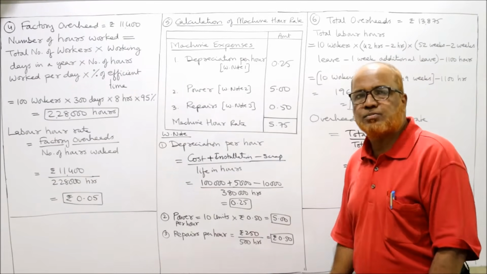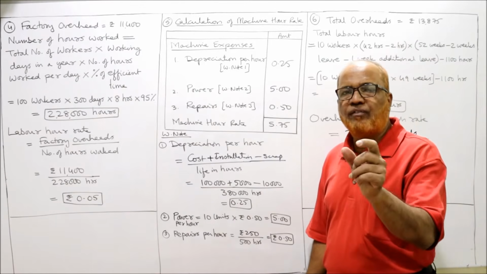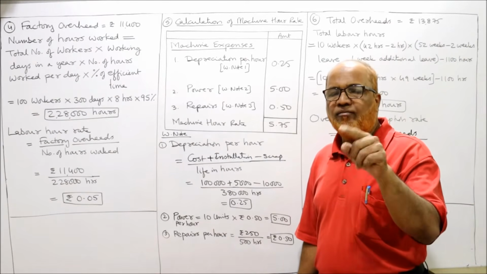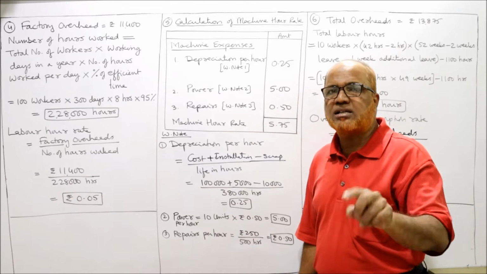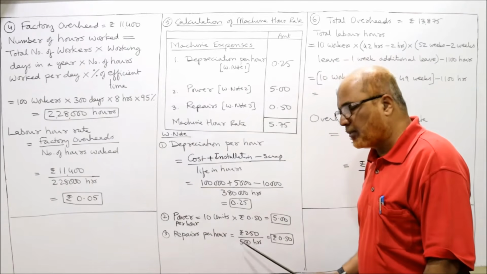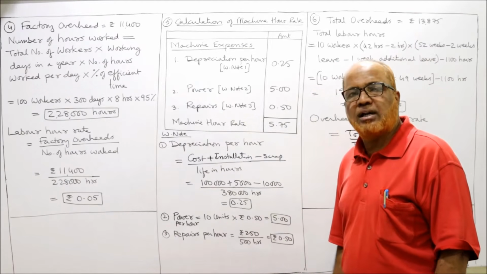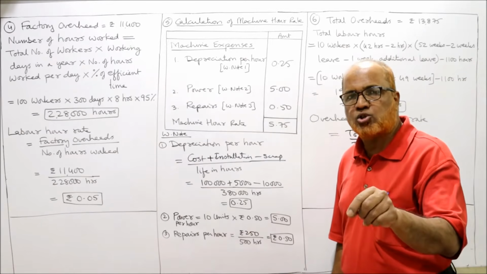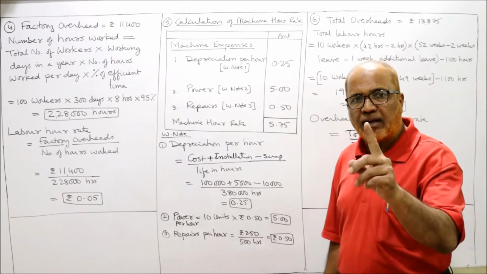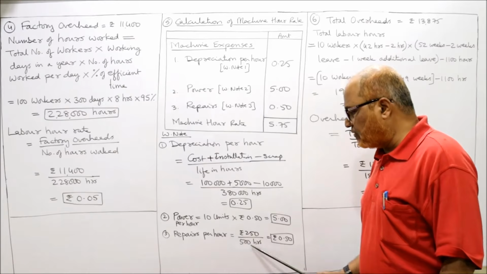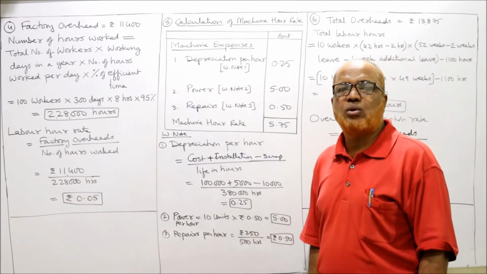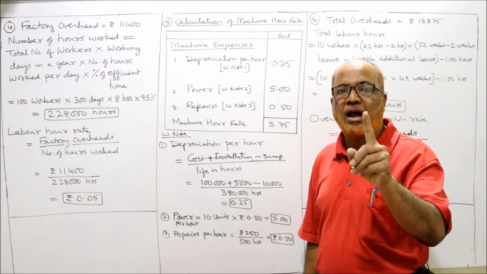Similarly, repair expenses. Repairs are given as 250 rupees for 1 month. And 1 month consists of how many hours? Machine hours 500 given in the problem. The machine runs 500 hours in a month and repair charges are 250 rupees. So how much per hour? 250 divided by 500, 0.50 is the repair charges per hour.